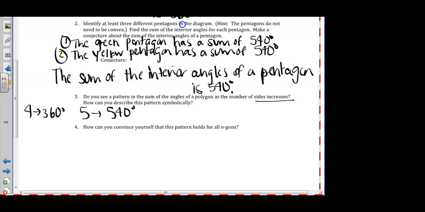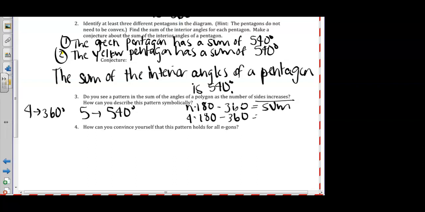So what we notice is that if I take the number of sides, let's say n is the number of sides, and I multiply it times 180, and I subtract 360, I should get the sum. So let's try that with a quadrilateral. 4 times 180 minus 360.